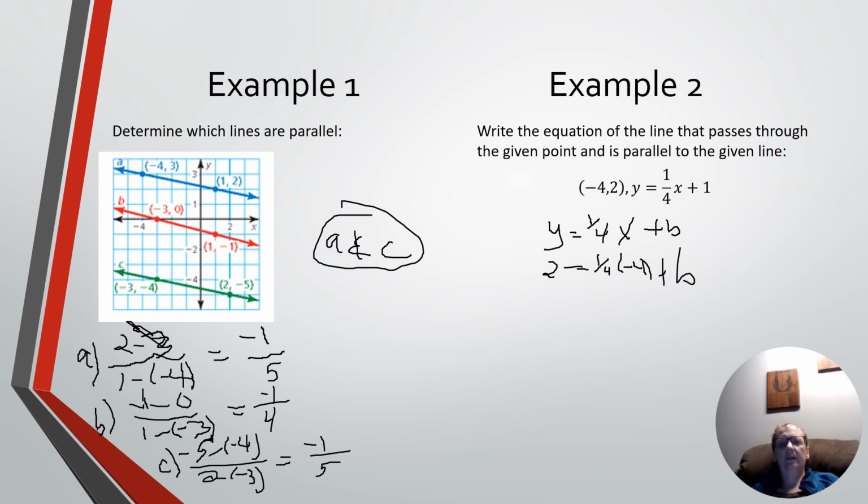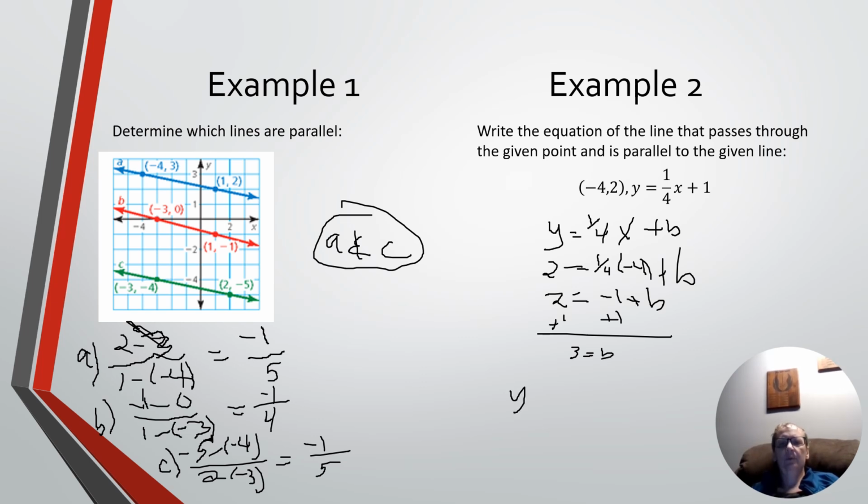So let's solve that out. So we have 2 equals 1/4 of -4 plus b. 1/4 of -4 is -1. Add 1 to both sides. And I get 3 as b. So my last step is to write the equation of the line.